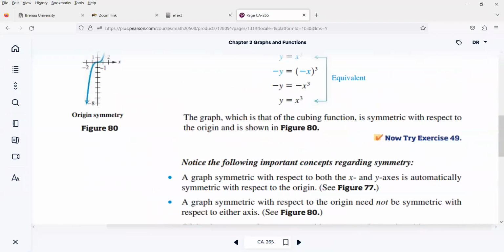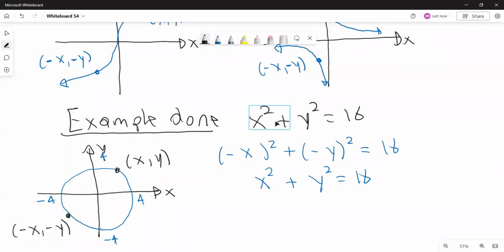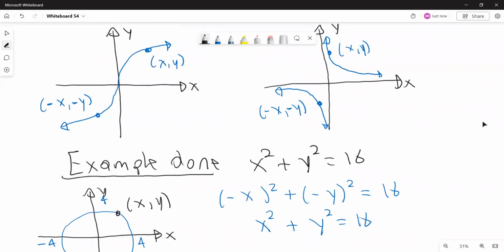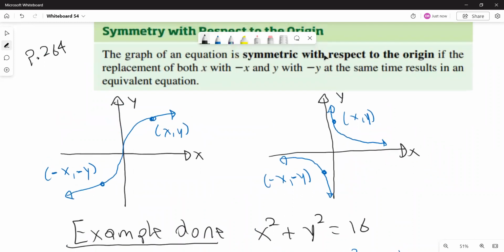And then a graph symmetric with respect to the origin need not be symmetric with respect to either axis, like this one I did. Okay, so this example with the circle, the graph is symmetric with respect to both the x and the y axis. So it's symmetric with respect to the origin. But these other 2 graphs, they are symmetric with respect to the origin, and they are not symmetric with respect to the axis.